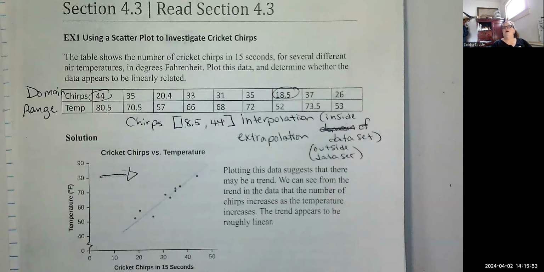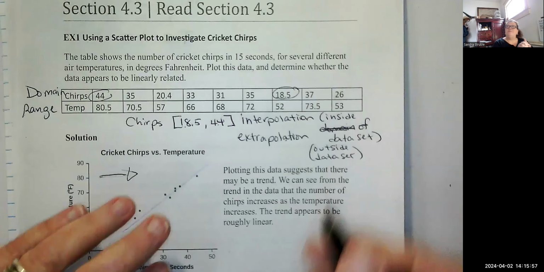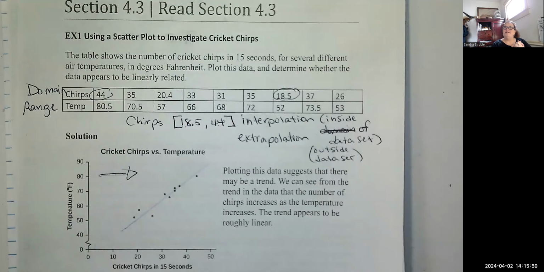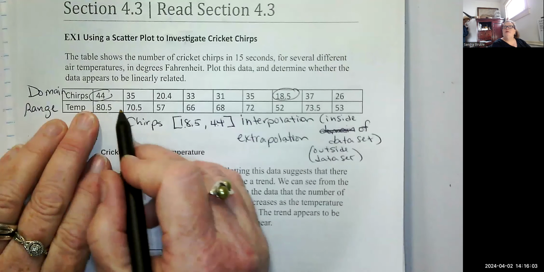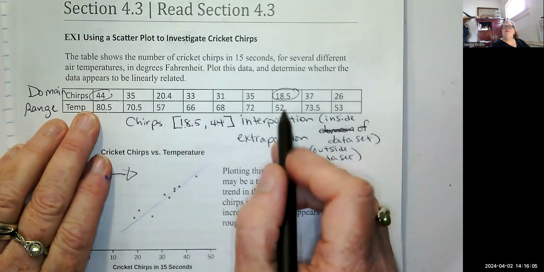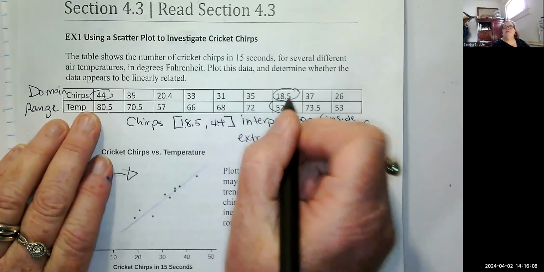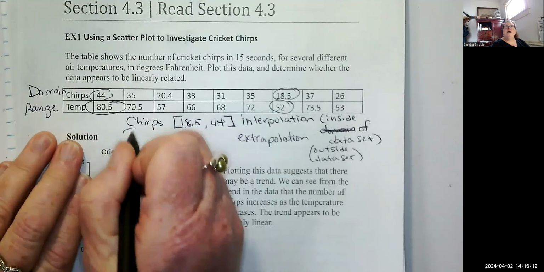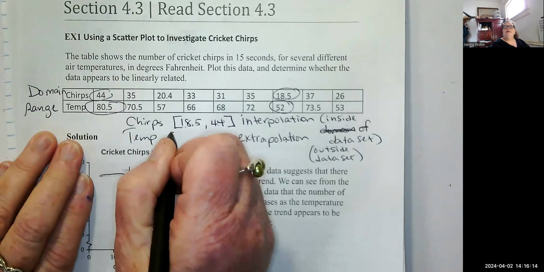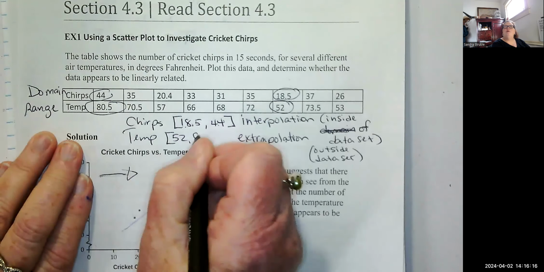Okay. And that could be where I had the domain. It could be domain or range, which is why I didn't necessarily need to have that. Same thing for the range. We've got the lowest, it looks to be 52, makes sense. And then this should be our highest. So our temp, the range is from 52 to 80.5.